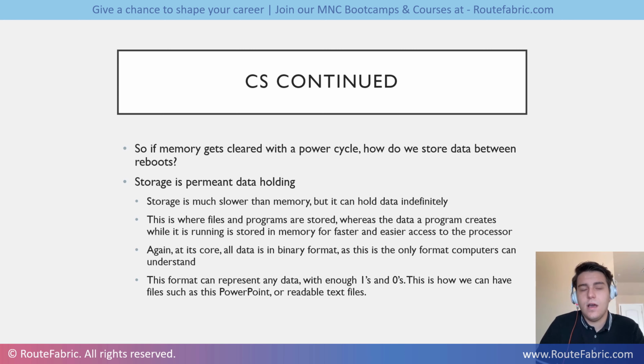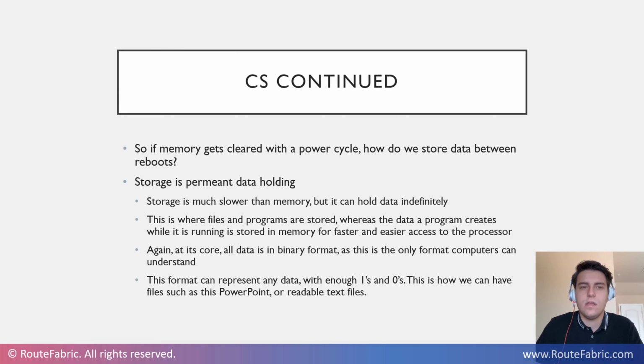So again, as I said, at its core, all data is in a binary format. This is the only format that computers can actually understand. This poses a pretty big challenge for computing today, because how can we, as humans who have abstract thoughts, talk to a computer that can only understand things in a binary format? But it is good to know that this format can really represent any data with enough ones and zeros.